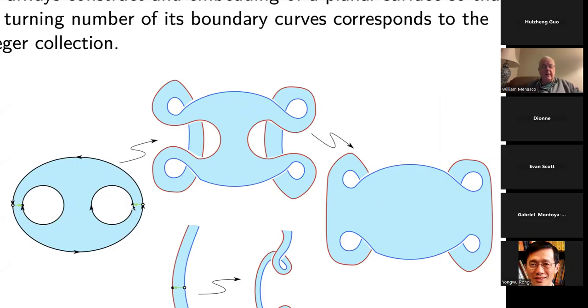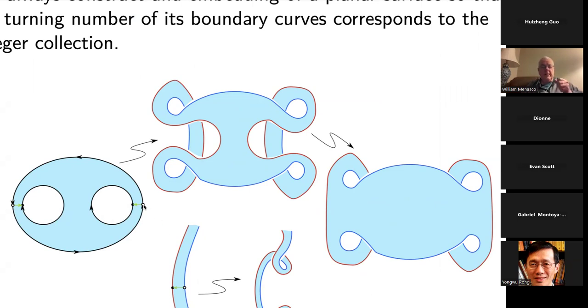I decorated them with either full dots or circles, and between each full circle and a dot, I put an arrow. And it's that arrow where I cut and do this twist.